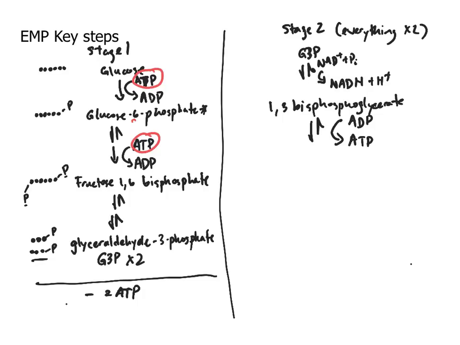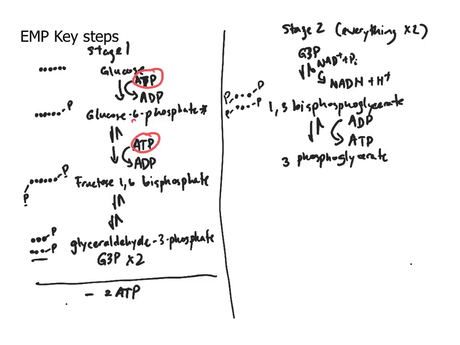And so in this step here, this is the first place where we're actually getting out ATP. From G3P to this first one, you still end up with the 3 carbons with the phosphate, but now here you see we're making 1 ATP, so one of the phosphates gets used up.